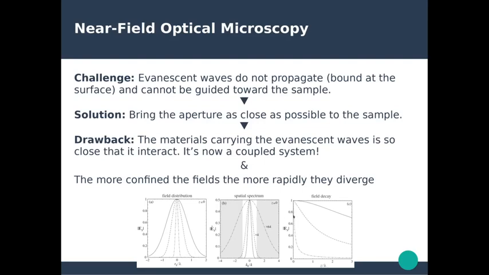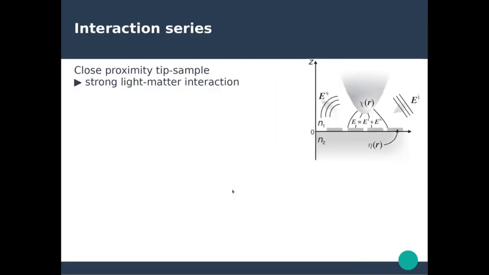But on the other hand, you're having fields that are decaying much more rapidly away from the metallic surface than if the fields were not focused. Because the fields are decaying more rapidly from the metallic surface, you need to bring them closer to the sample, and therefore you have an even more strongly coupled system.